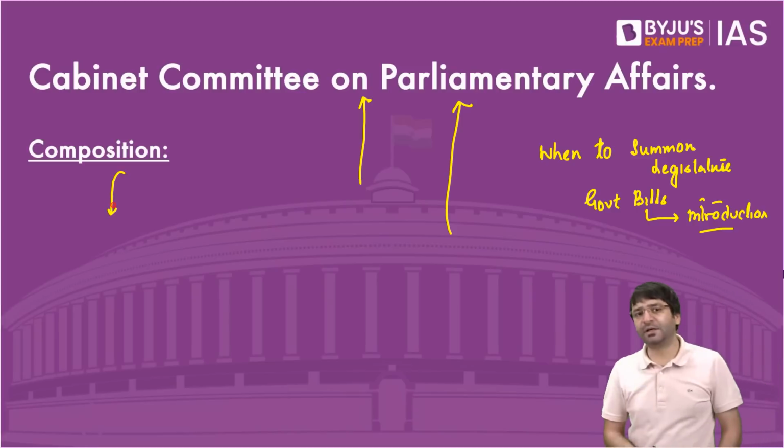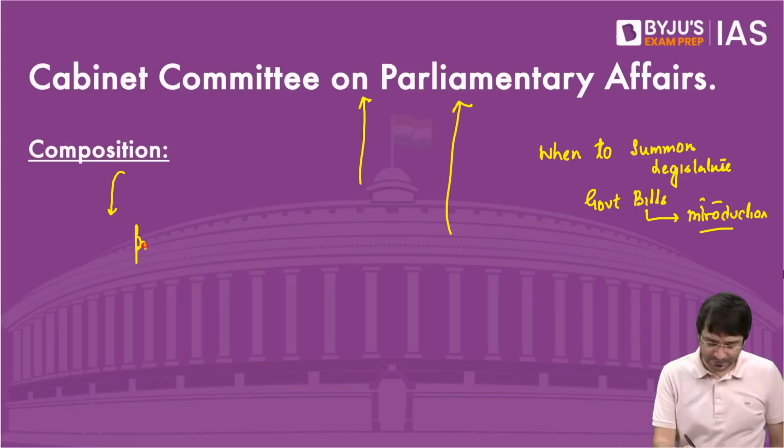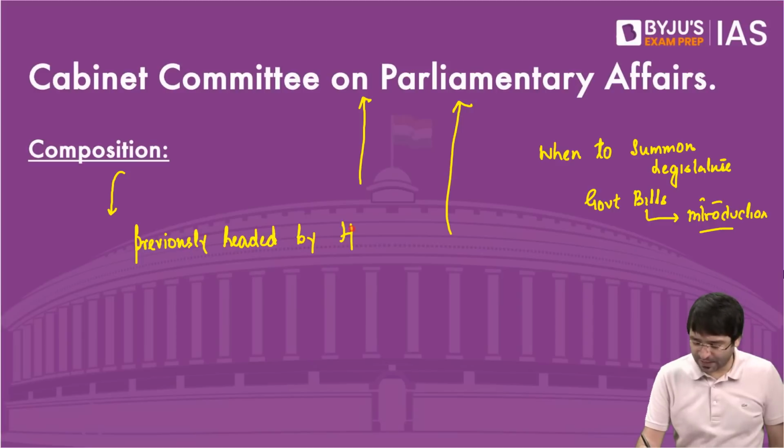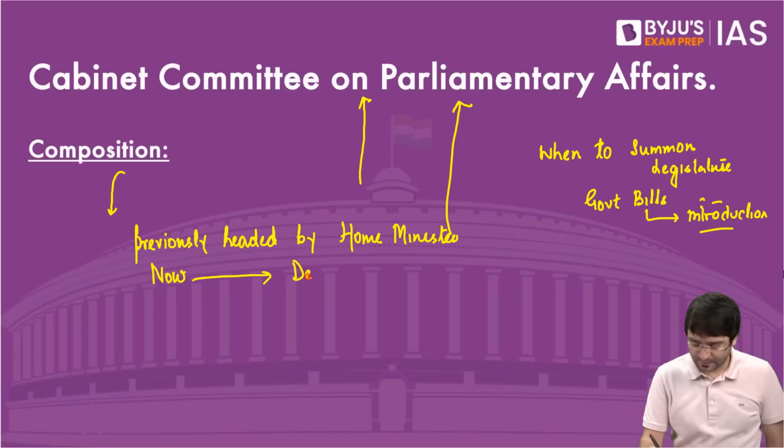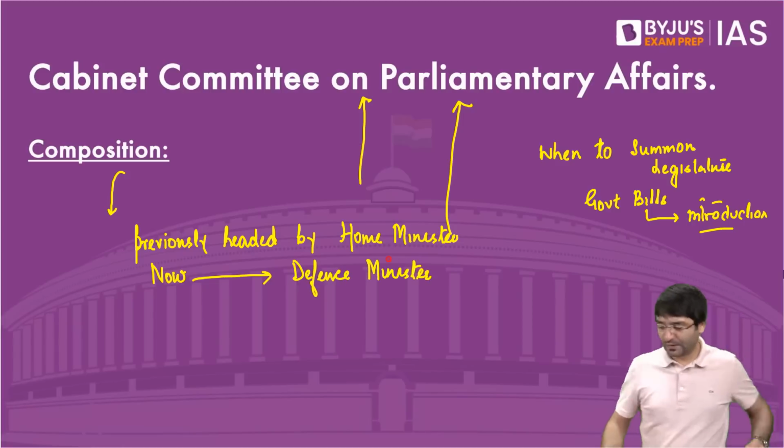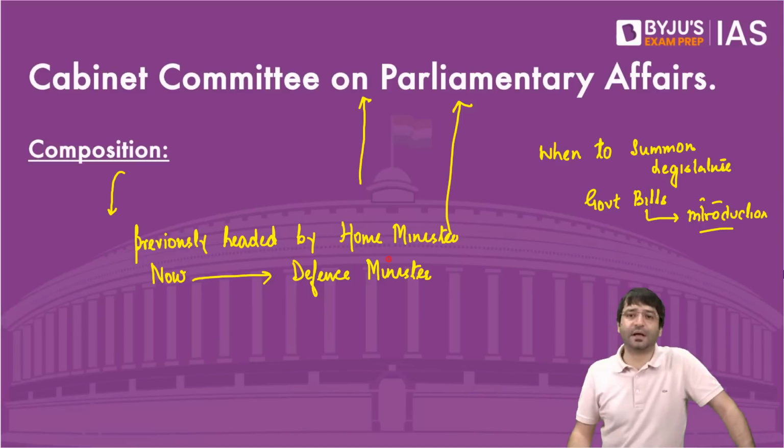Previously, this committee used to be headed by the Home Minister. Now it is headed by the Defense Minister. That is what we call the Cabinet Committee on Parliamentary Affairs.